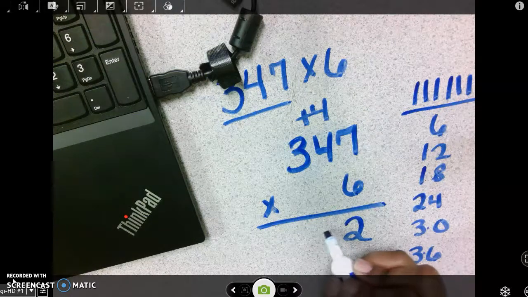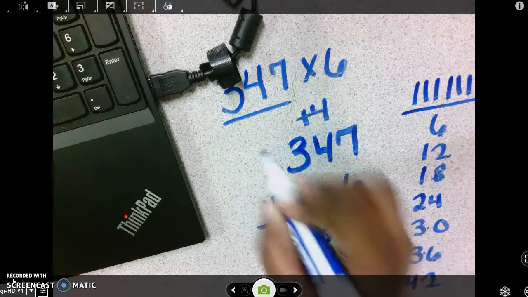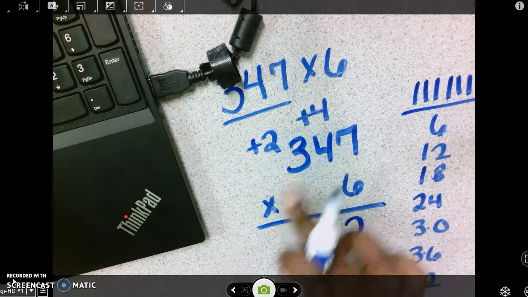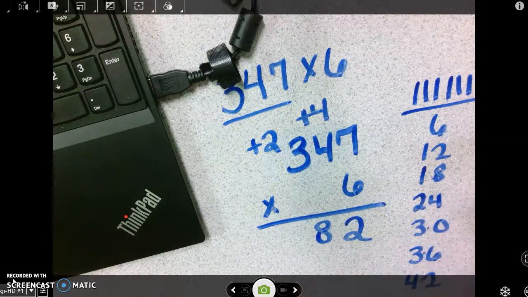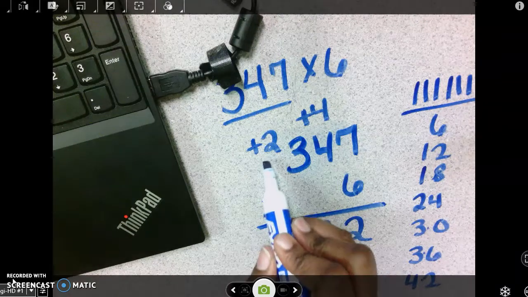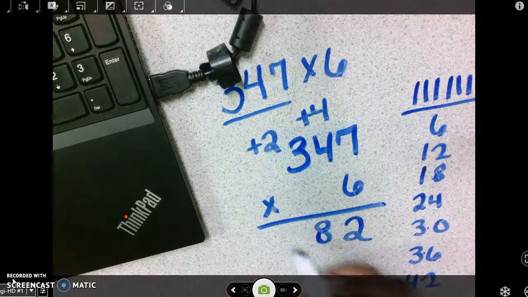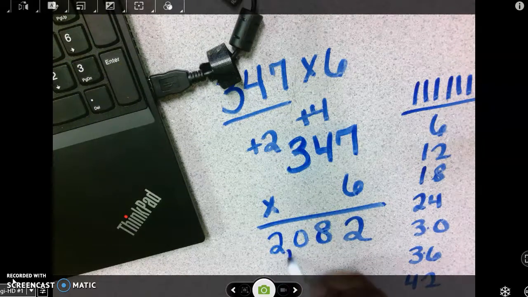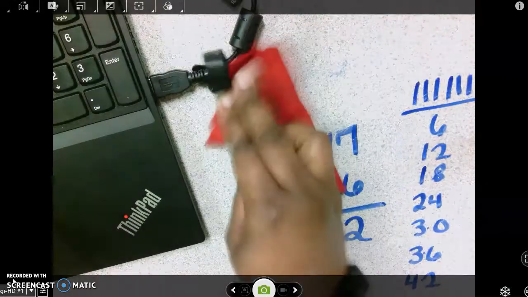So I put my 8 here. Regroup my 2. Now 3 times 6 is 18 plus the 2 that I had to regroup gives me 20. So now, here I have 2,082.